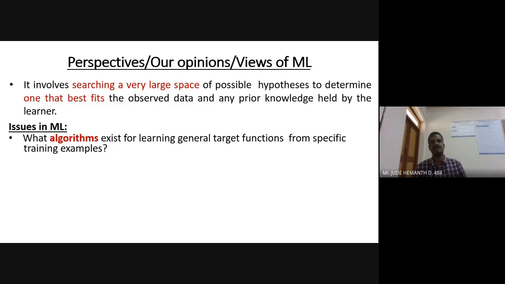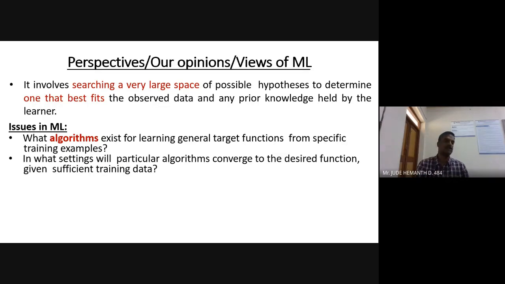Can it generalize my name from specific training examples instead of training every time with all different varieties of my image? Just by giving one image, whatever image, when I give it in the reasoner block, in the testing block, or in the problem or task block, can the reasoner identify that it is Jude? It is still under work. So if you do some project like that, it will be of much interest to the research community.